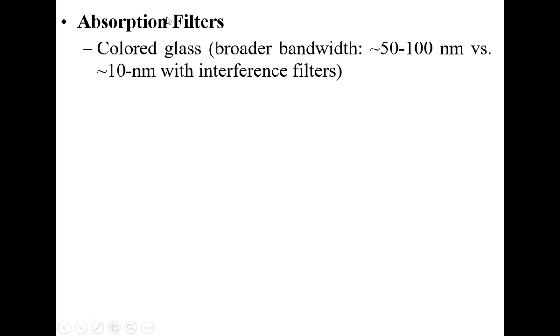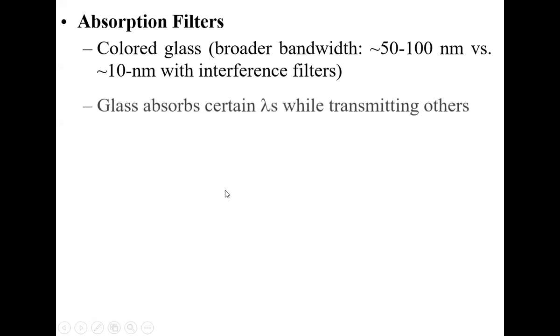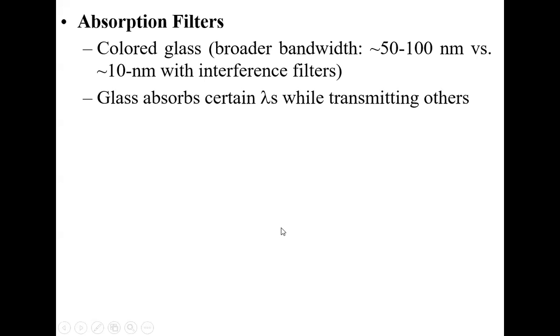So you will see that, compare the absorption filters with colored glass with a broader bandwidth of about 50 to 100 nanometers versus the interference filters. We have the absorption filters, and we have the interference filters. You see the interference filters have a narrower bandwidth. So glass, for example, you may be aware when you are doing the UV experiment, I asked some of you why we are using quartz vis-a-vis glass.